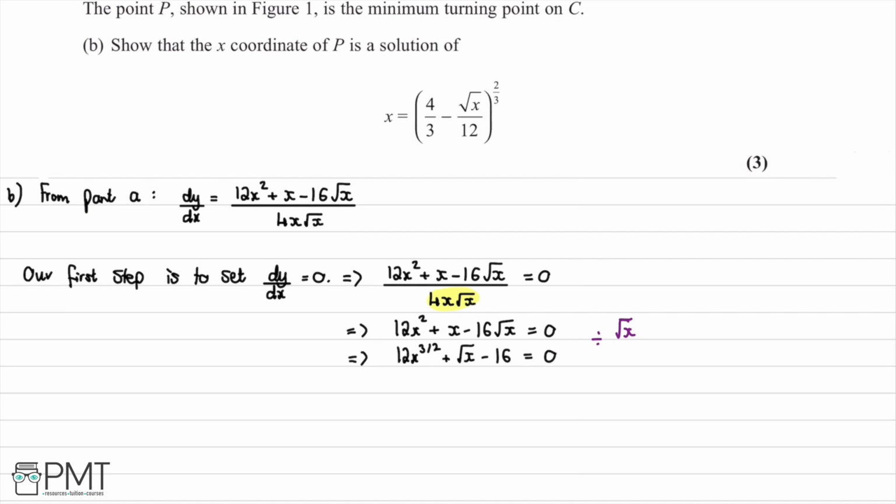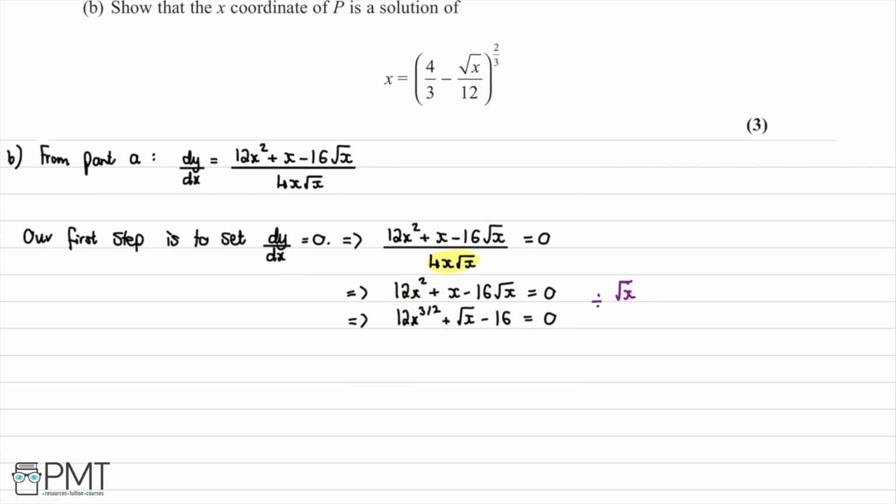And that still remains equal to 0. Now we know that the term we're looking for is to the power of 2 over 3. So on this side, before we took the 2/3 root, this was going to be x to the power of 3 over 2. So this means we want to solve for this term here.